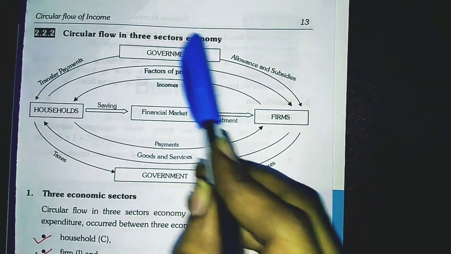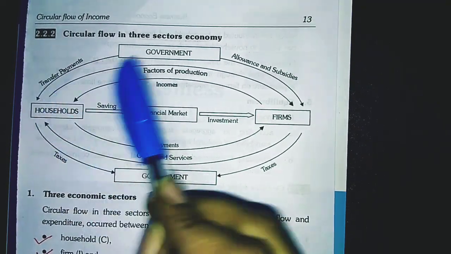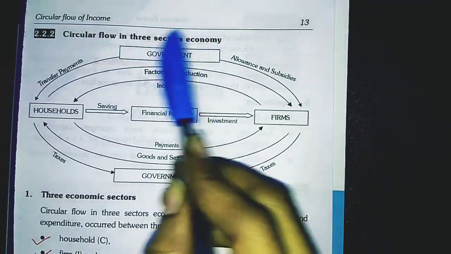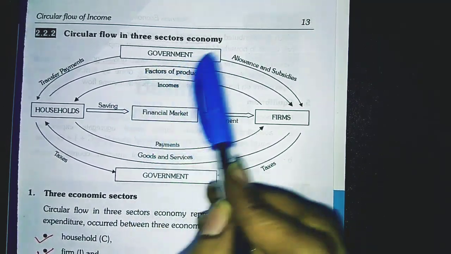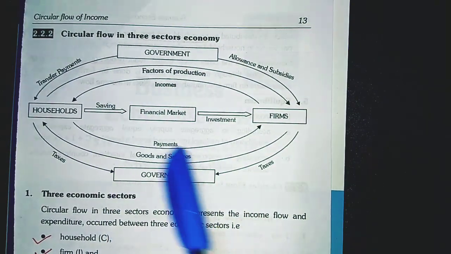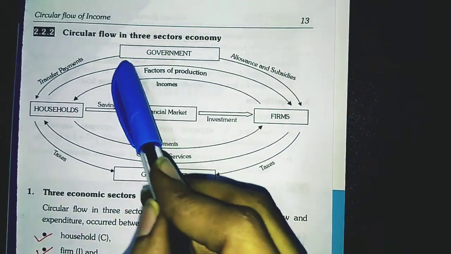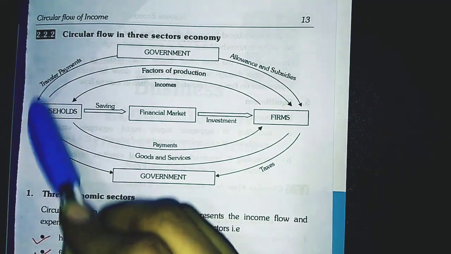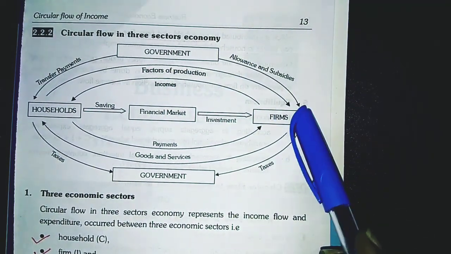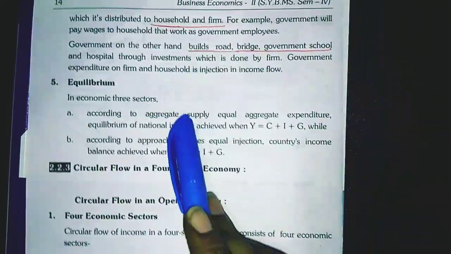Even the government is spending money on the welfare of the society. For example, the government is building hospitals, constructing new roads, new dams. So whatever money the government has collected from the household and firm, the government is transferring back to the household as well as to the firm. So that was our fourth point.